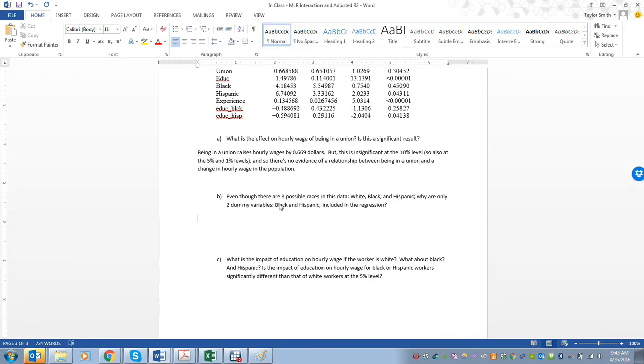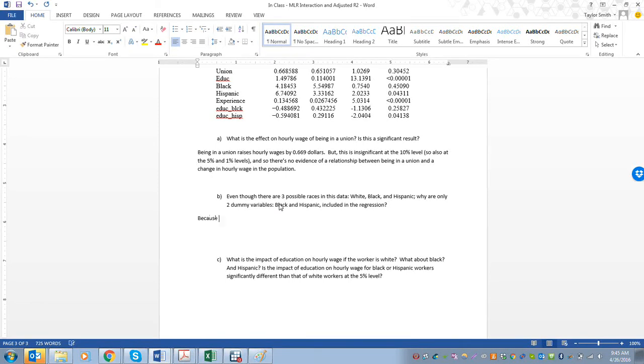The regression cannot run if you include all the dummy variables because of something called perfect collinearity. The math does not work. The math breaks down if you have all the dummy variables included. So there's no way to run the regression when all the dummy variables are included. So I'm going to write it this way.